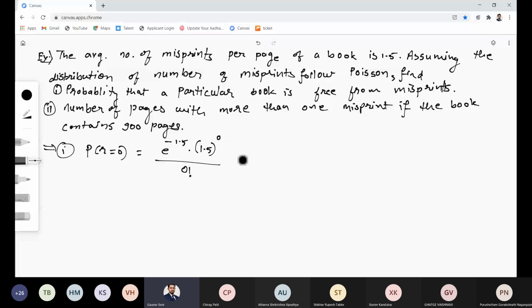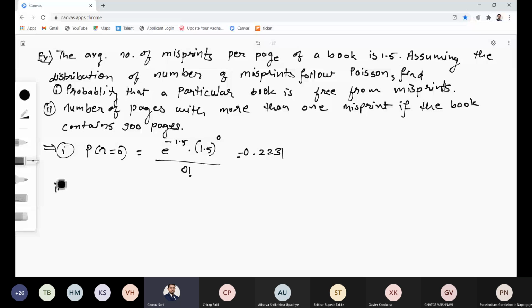For the second one, more than one misprint, so probability of r greater than 1, which is 1 minus probability of r less than or equal to 1.